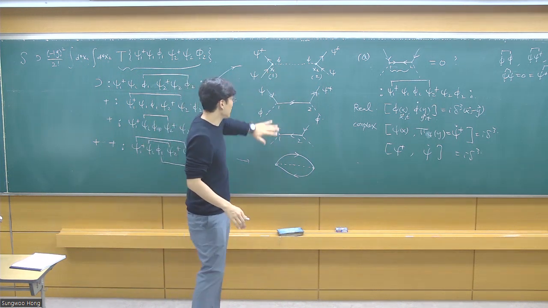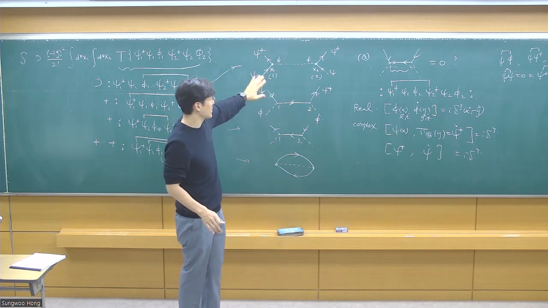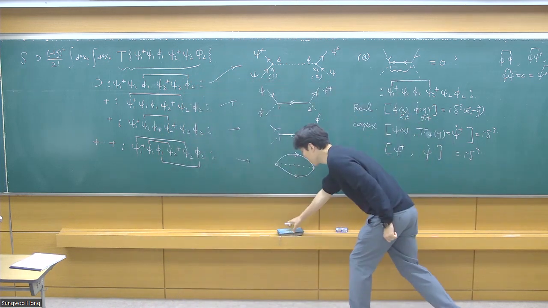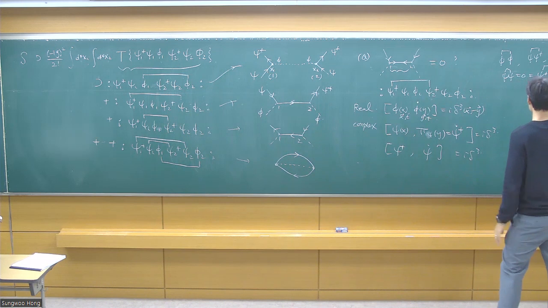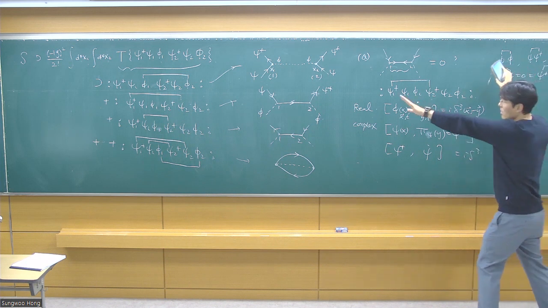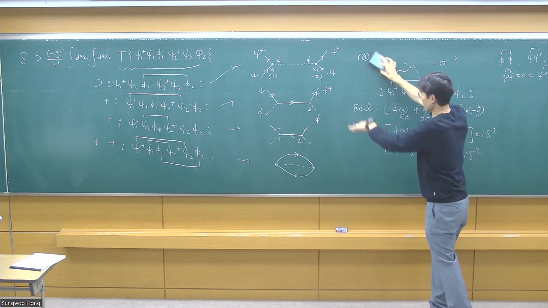Now I will tell you how to extract the physics process out of this thing, which is more or less clear. But let me see if I write down something whether it already makes sense to you. If so, that's great. That will save 10 minutes. If not, that's also great. So I'm going to erase this part and then I will give you the physics interpretation of these processes.